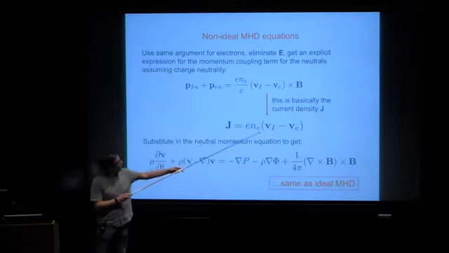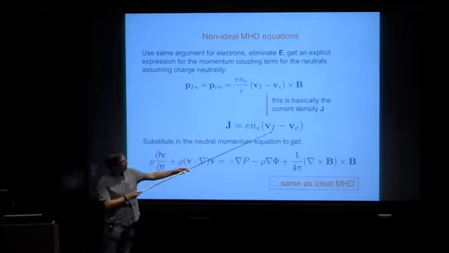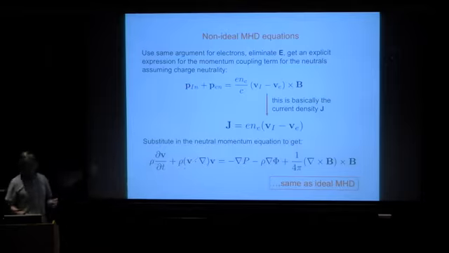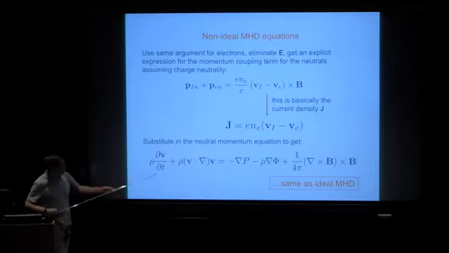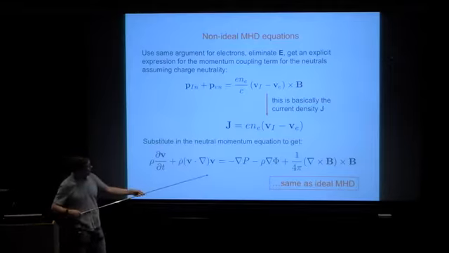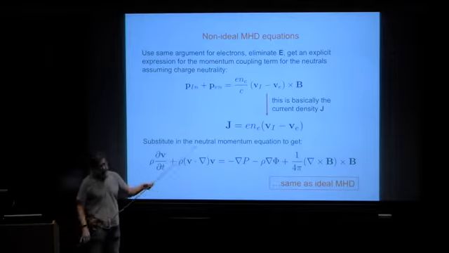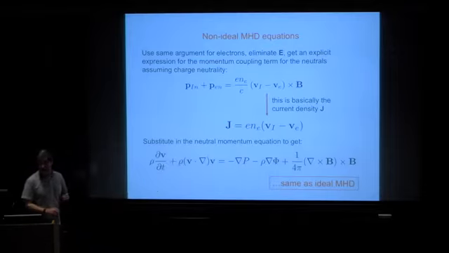So we can replace v_i minus v_e with this, and then substitute that back in the first momentum equation, and we get this expression. So we get a momentum equation that just involves V, and this is the same as we had in ideal MHD.